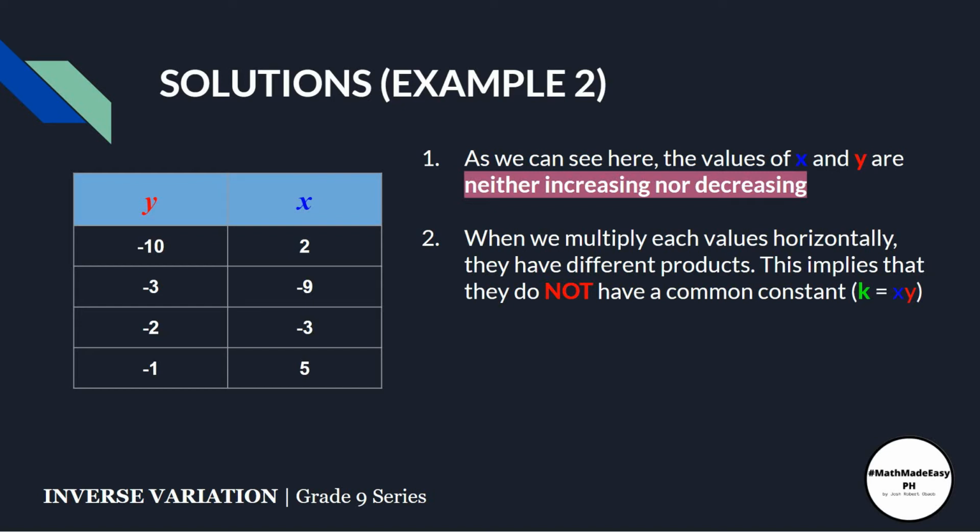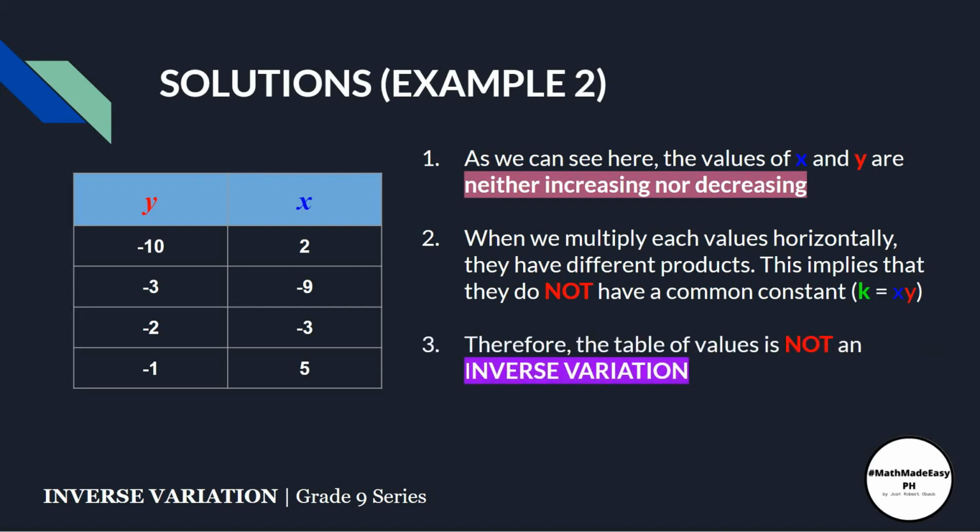Magkakaiba lang sila ng product. Therefore, wala silang common constant. So the table of values is not an inverse variation. Gano'n lang po paano malaman kung a table of values represents an inverse variation.